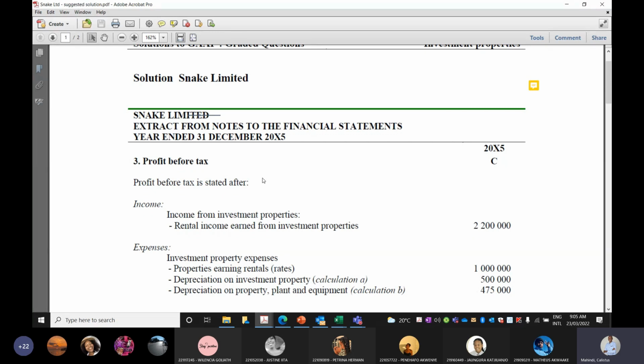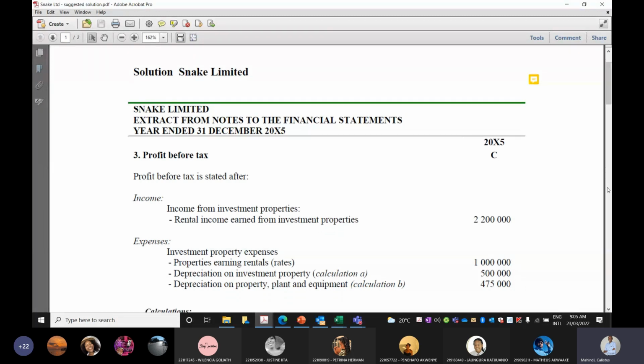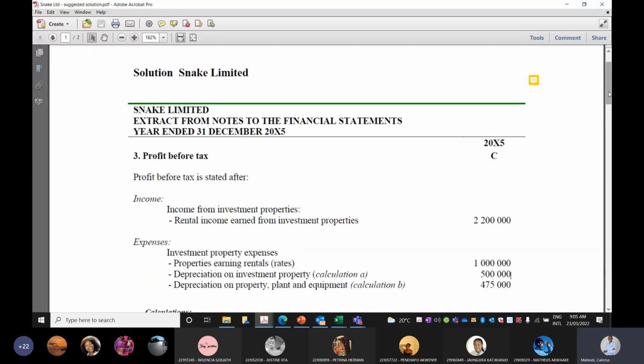The income we were given, rental income from the investment properties, 2 million. That was given, so you'll already earn a mark there. And then expenses, we have our property rentals, which are rates, and we're given the amount of 1 million. And now the others, depreciation, we have not yet calculated depreciation, so we cannot present that. All right, so let us go and deal with the rest of the question.